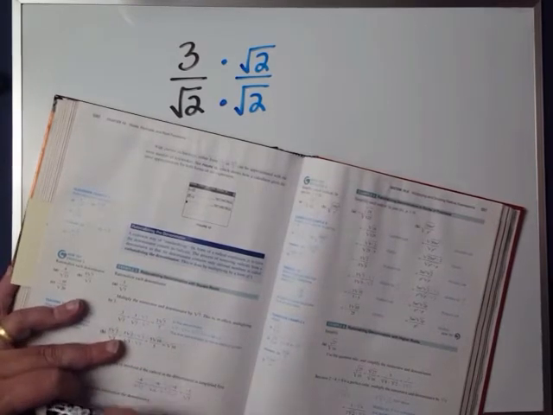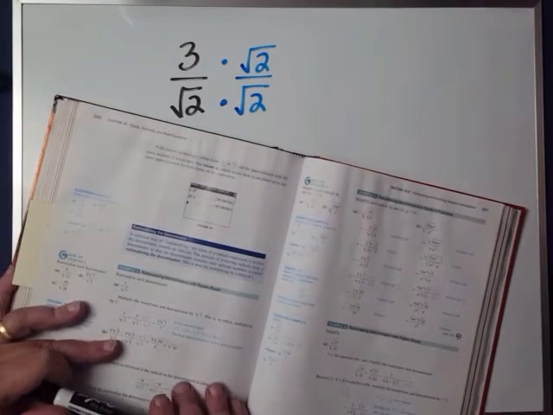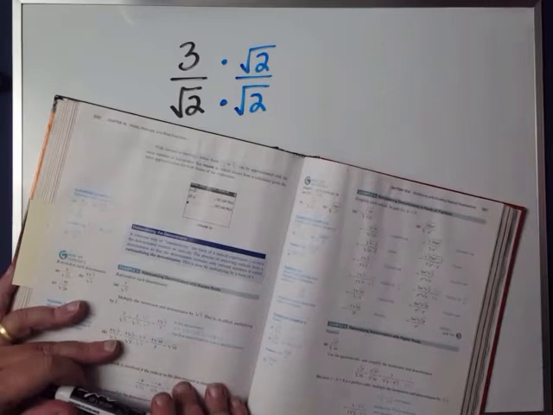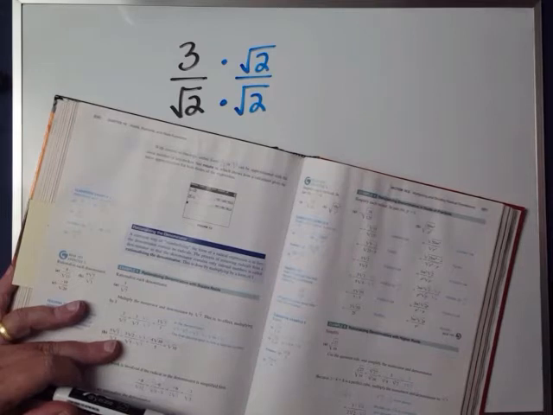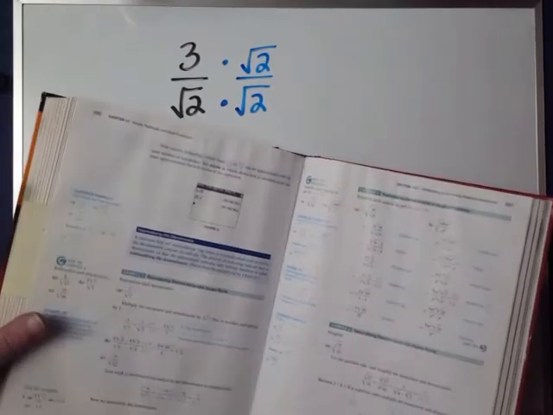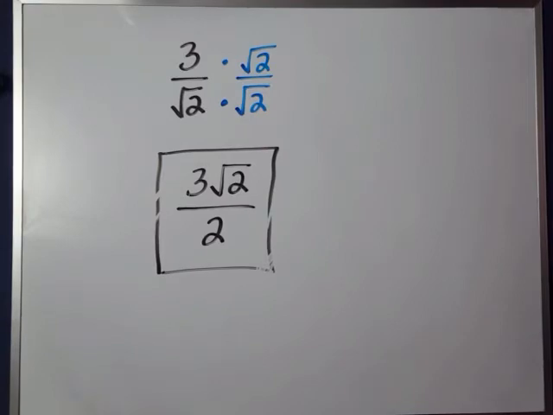It says the process of removing radicals from a denominator so that the denominator contains only rational numbers, no radicals, so only rational numbers, is called rationalizing the denominator. And she says this is done by multiplying by a form of 1.